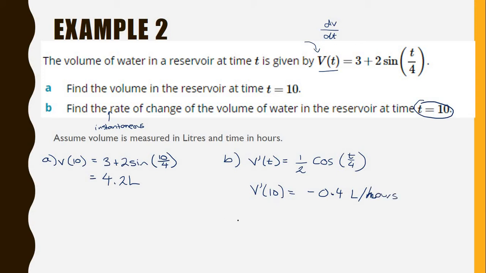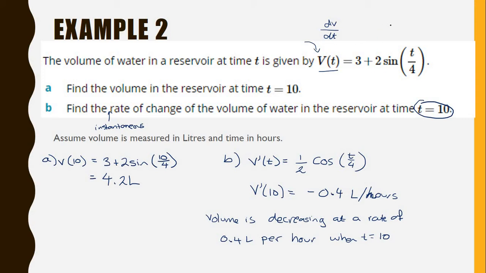If I had to describe this rate of change, I could say that the volume is decreasing at a rate of 0.4 litres per hour when t equals 10.